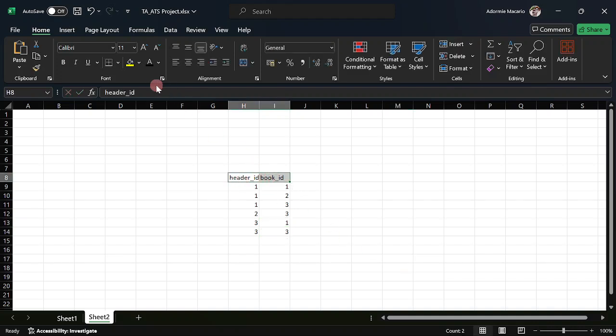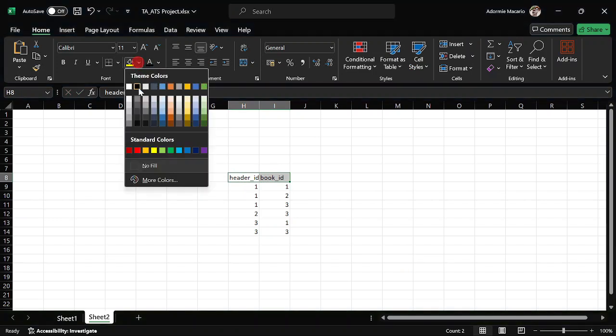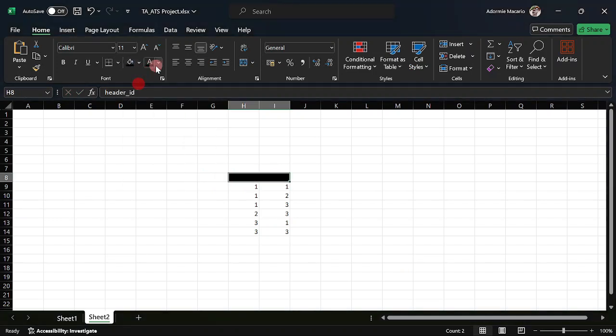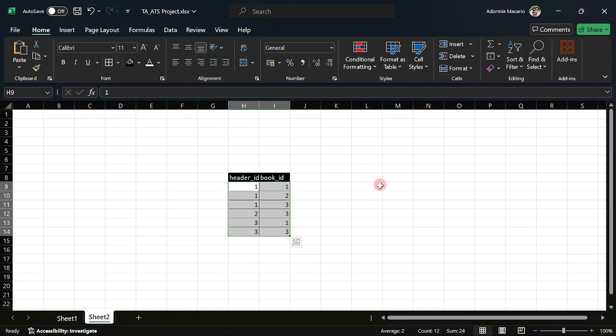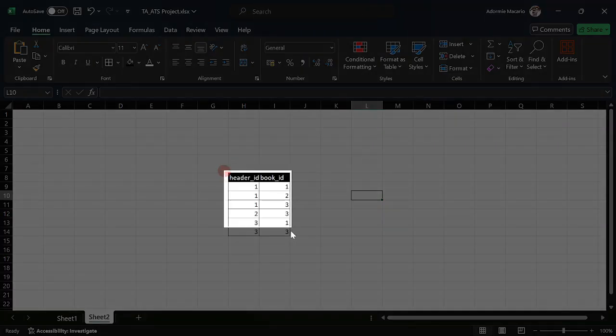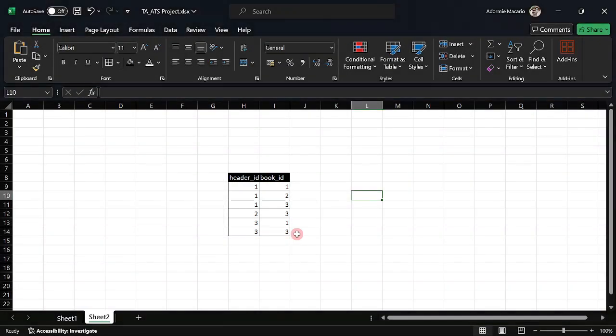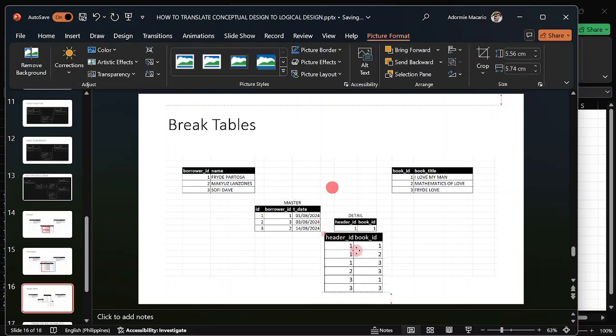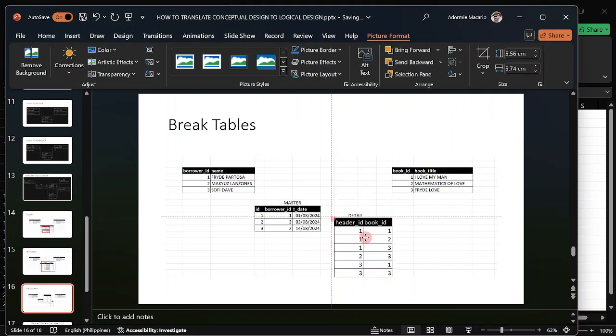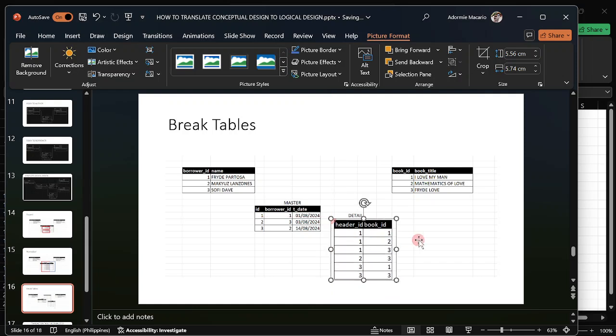So this should be the content. Okay, I'm just going to edit the book ID. It must look like this.